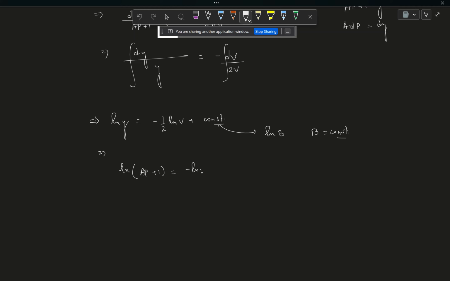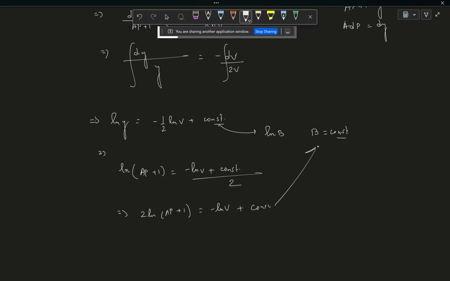equal to minus ln v plus this 2 times constant. So first of all we absorb everything as a constant. So 2 times a constant is also a constant term, divided by 2. Now this is 2 ln (A p plus 1) equal to minus ln v plus constant.